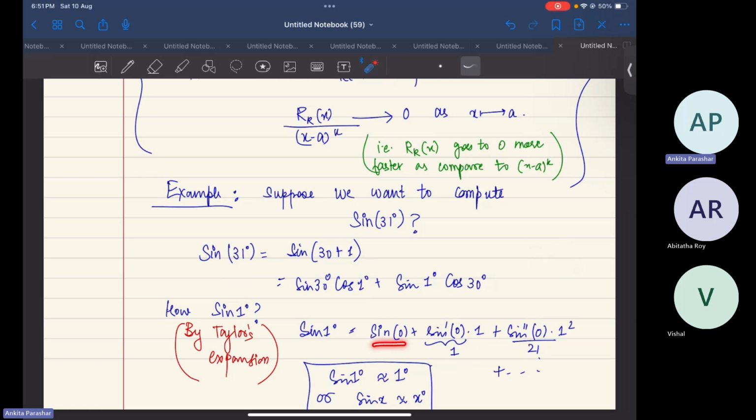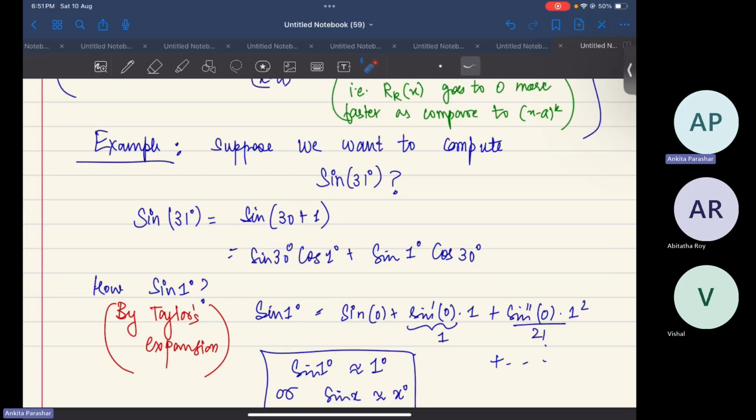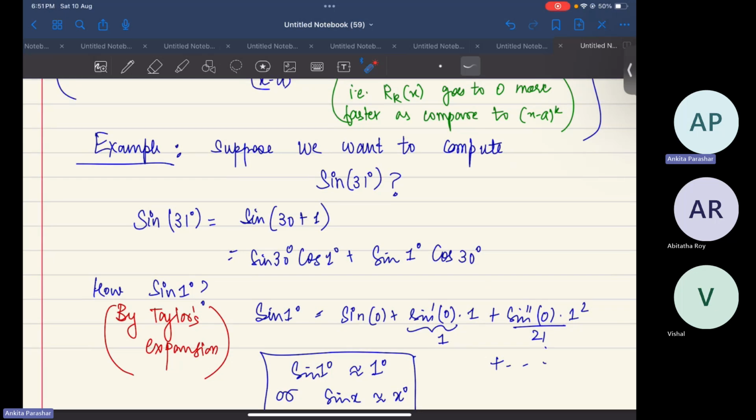Sine x is sine a, sine prime a, sine double prime a, like that. I will approximate by this and leave the rest as an error, and I will say that approximately these two things are same. Because this is 0, this is 0, this is 1, so approximately it is 1.